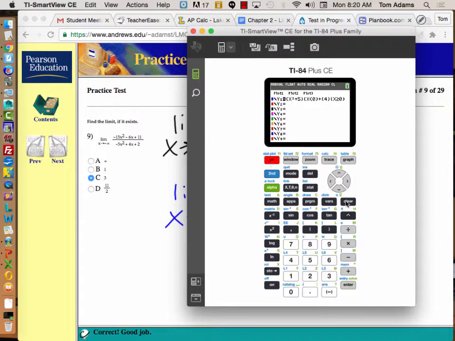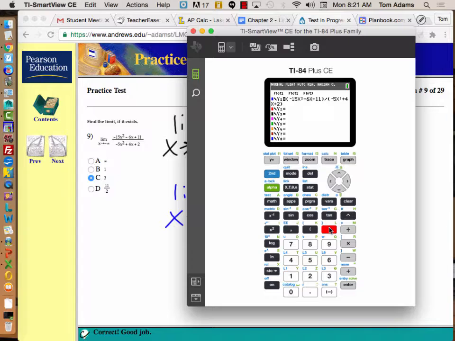So if I say negative 15x squared minus 6x plus 11 all over negative 5x squared plus 4x plus 2. All right, now I already know that there is a horizontal asymptote at y equals 3, right?